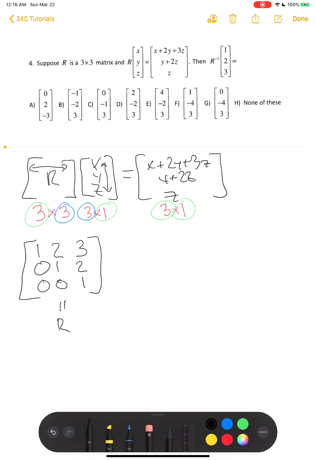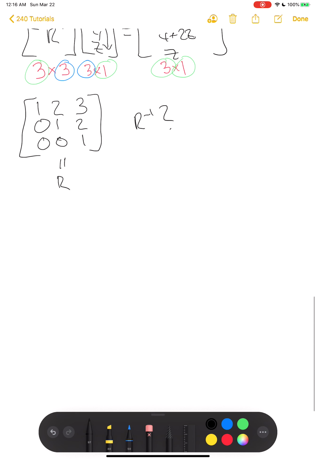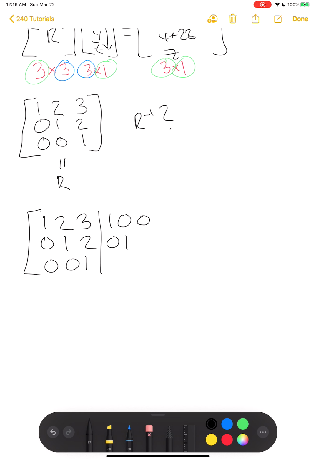And then to go through and actually figure out what R inverse is, you're going to do row reduction and a lot of it. So we go through, we augment my matrix R with the 3 by 3 identity.